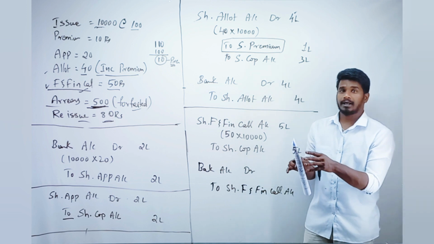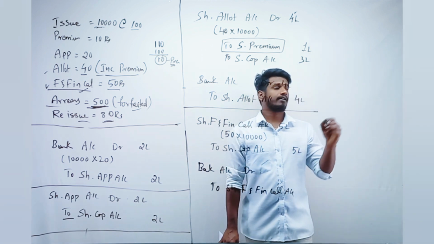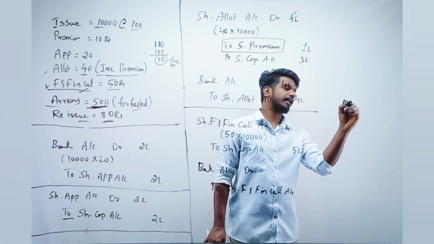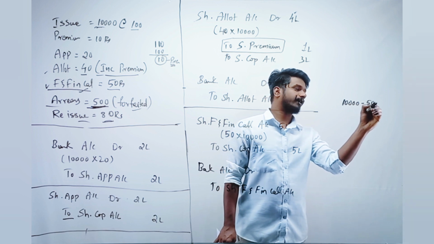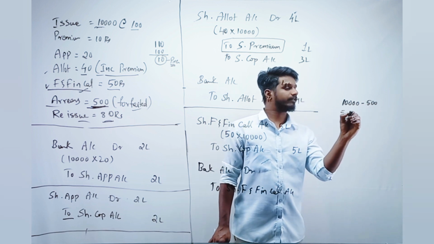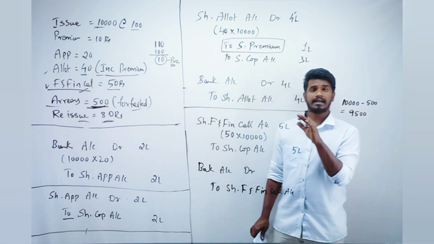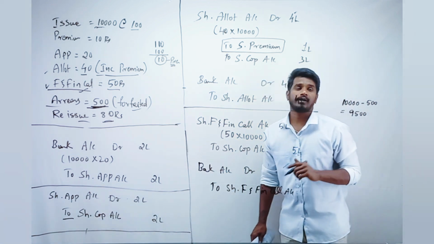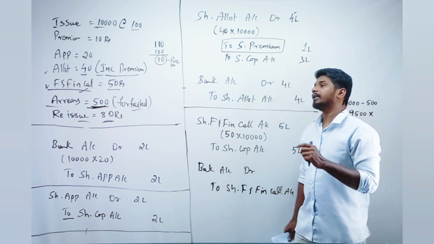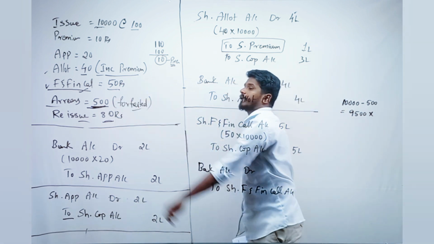final call, correct? Which means we are receiving 10,000 minus 500, so we are receiving on only 9,500 shares. So how much will it be? 9,500 into first and final call into 50.